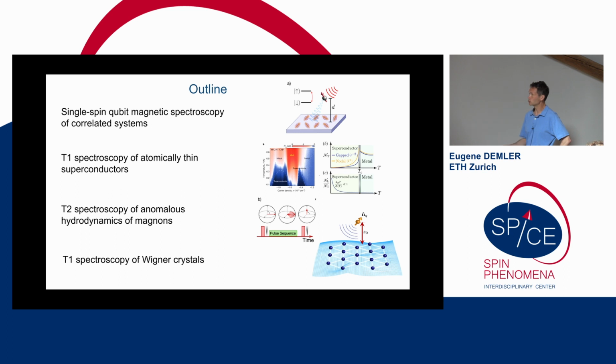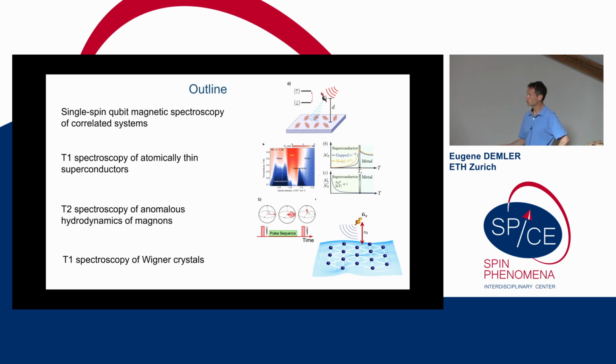Then I'll try to cover 3 subjects. One will be how we can use NV centers to determine, let's say, the symmetry of order parameters in 2-dimensional superconductors, which remains an outstanding question.